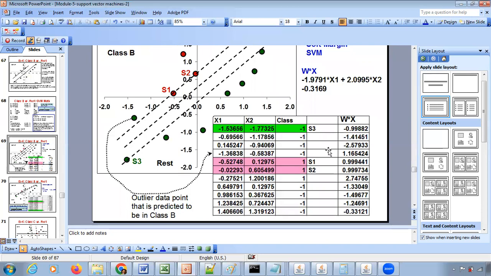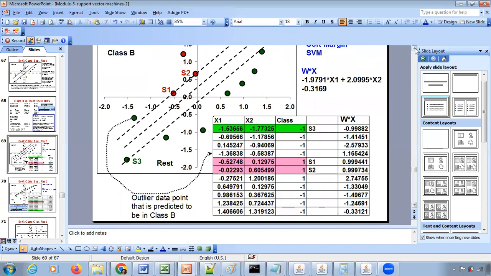And for the other green data points, we get these two less than -1 as expected. But this green data point, which is an outlier pushed to the other side, we get the W times X value to be 1.165. And it's not less than or equal to -1 because we treated it as something that belongs to the red class.